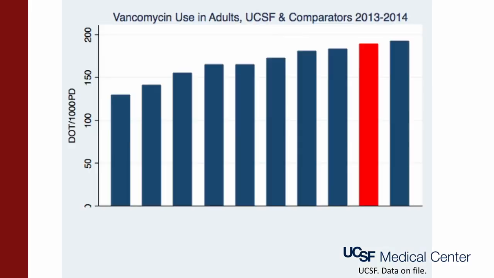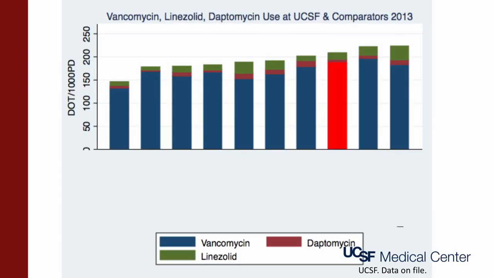It turned out that UCSF, in red here, had the second highest usage in the group of hospitals, substantially more than institutions at the lower end. This effect wasn't readily explained away by substitution with alternative agents. Total anti-gram-positive use was still high, driven by vancomycin use.